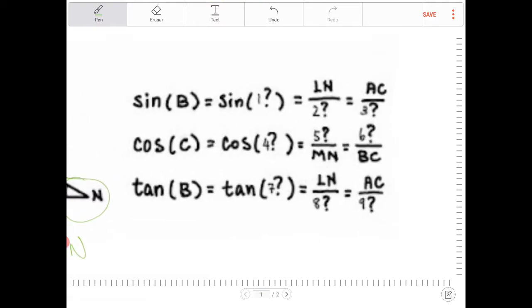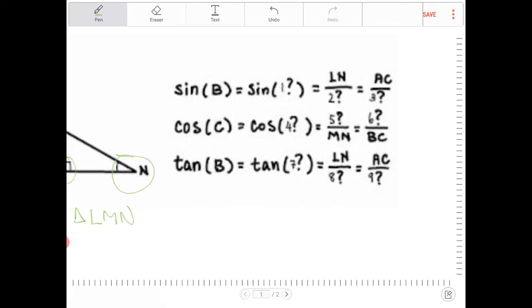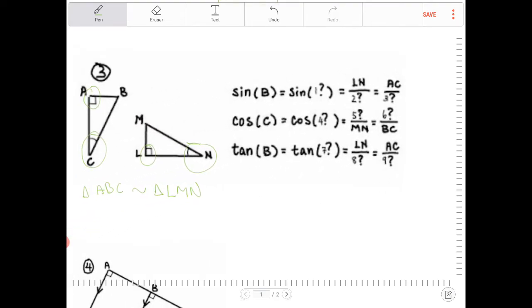Sine of B is equal to sine of which angle?